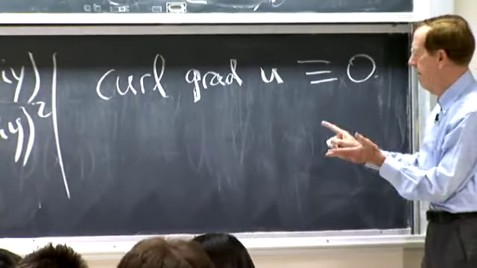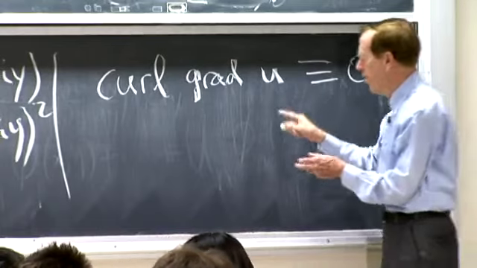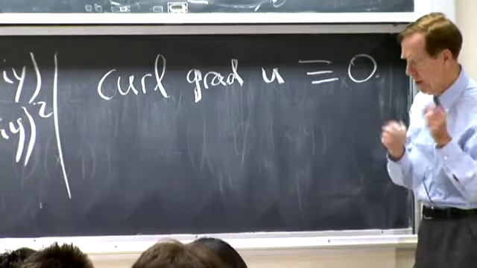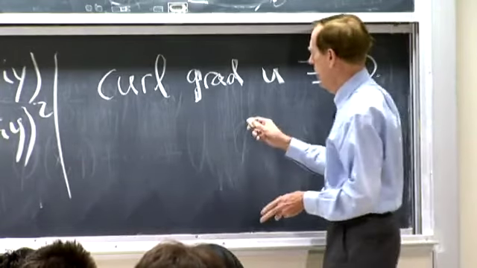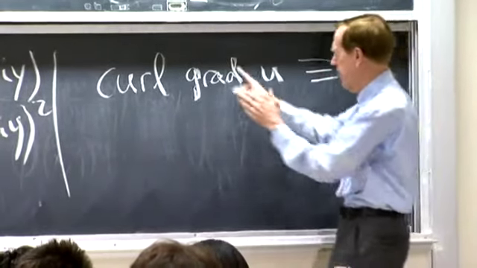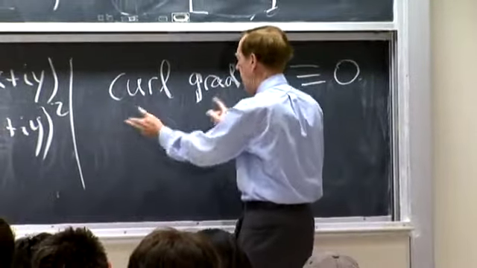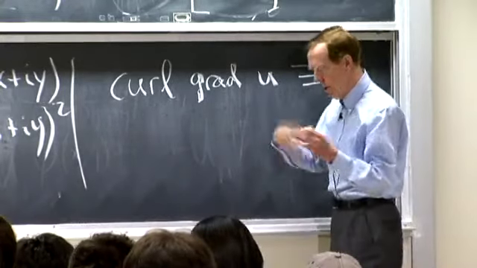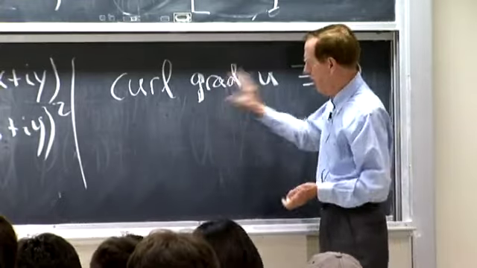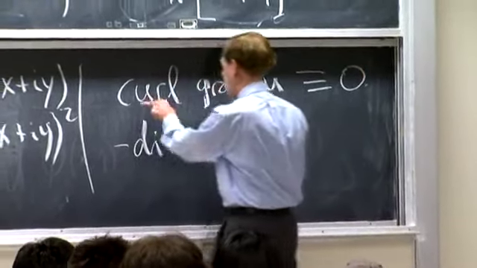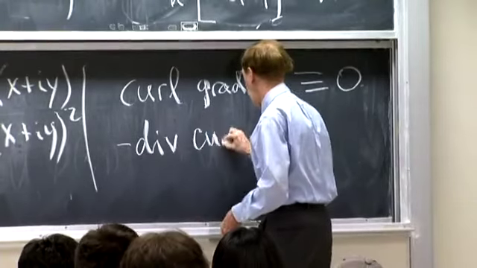And let me put the other one down, and then I'll say why. The other one is like the transpose of this one. So this is the 0 operator. Curl times gradient gives 0. If I transpose, I still have 0. If I transpose gradient, I have minus divergence. And if I transpose curl, I get curl again.